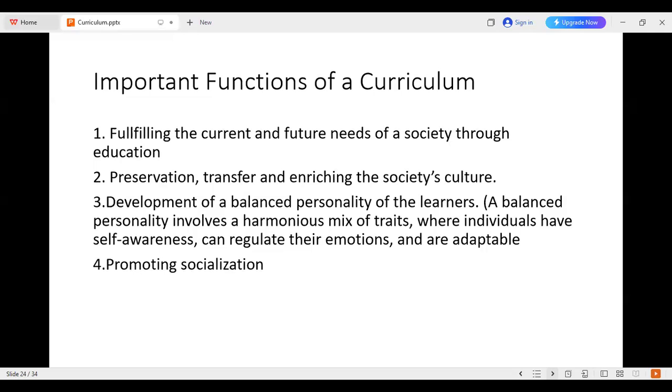If we compare a child, a boy or girl, with another boy or girl who has been to school regularly, then you can understand their qualities, the difference in their behavior. Socialization is a very important process in our human life. Therefore, the curriculum should serve for the promotion of socialization.